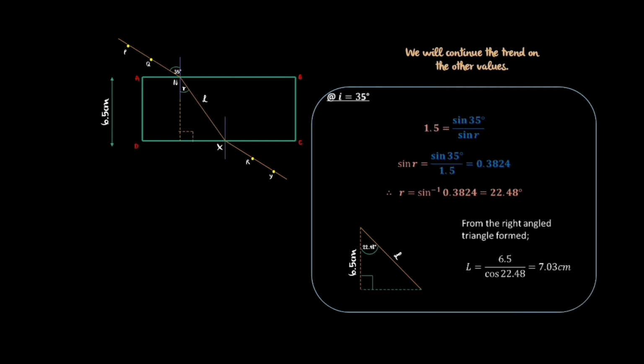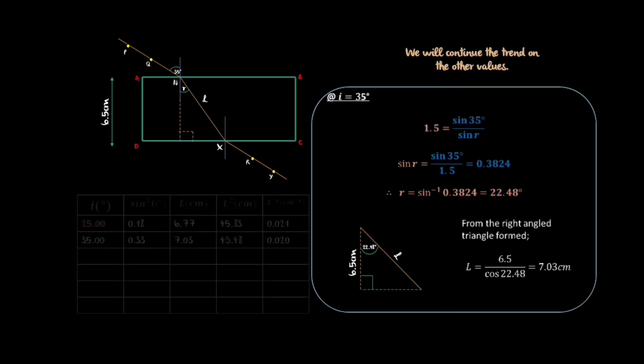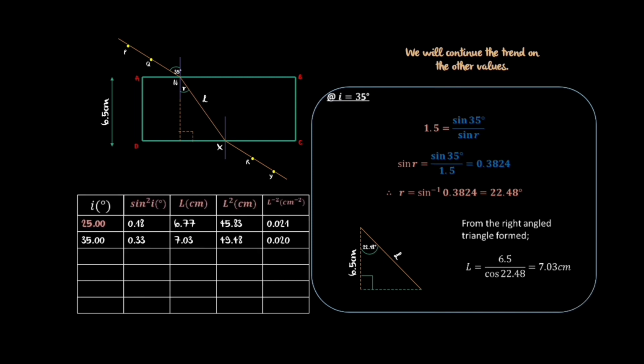So we also input it in that right angle triangle you are seeing there, and from the same principle we get the new value of our L, which we have as 7.03 centimeters. And once we've gotten that, we input it in our table of values and also evaluate the other parameters.